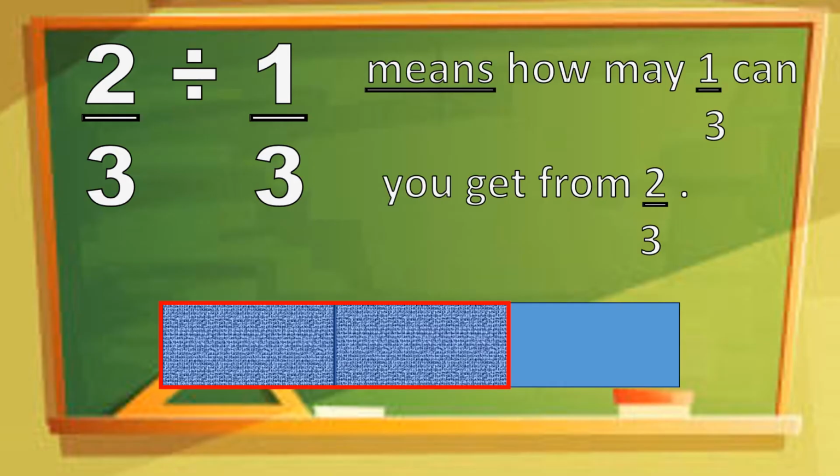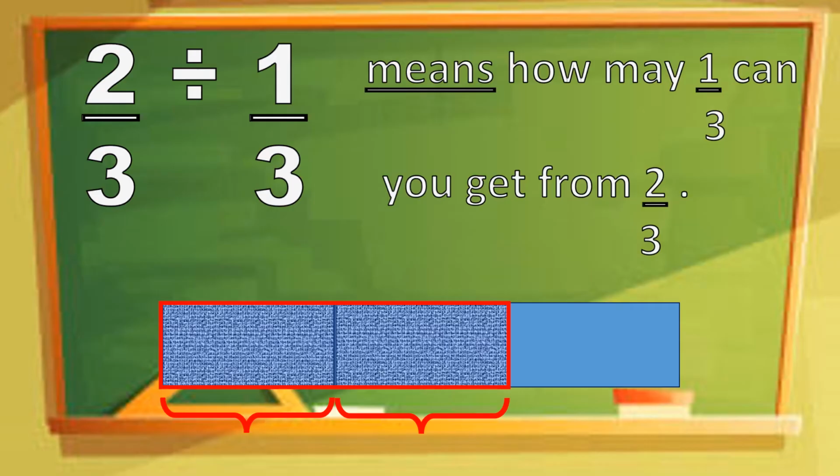Then from these 2/3, we think how many 1/3 can we get? This is 1/3, this is another 1/3. So how many 1/3s are there in 2/3? Very good. There are 2 1/3s from these 2/3. So it means 2/3 divided by 1/3 is equal to 2.